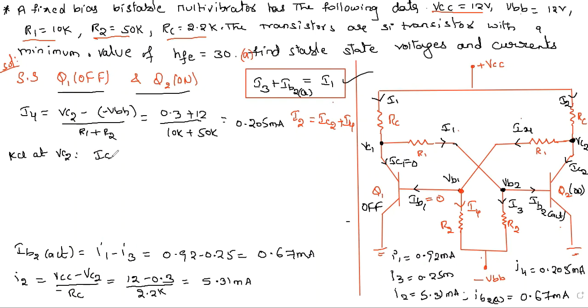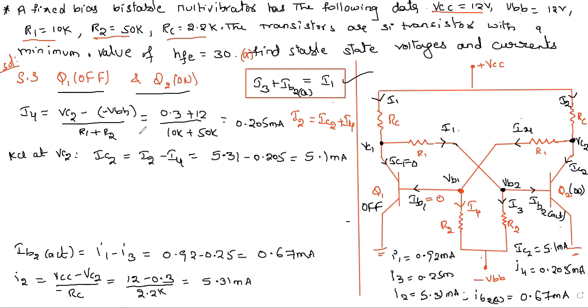So IC2 is I2 minus I4, which is 5.31 milliamps minus 0.205, approximately 5.1 milliamps. So I got the value of IC2 as 5.1 milliamps.